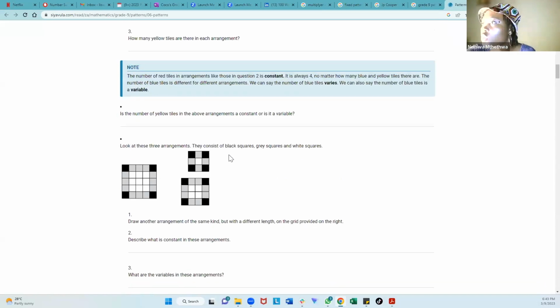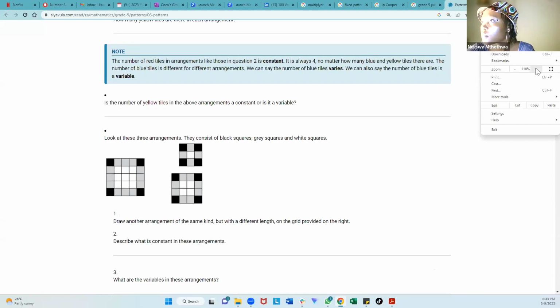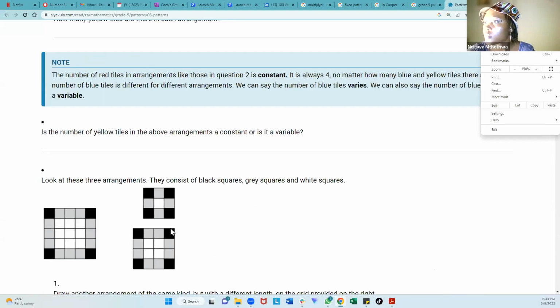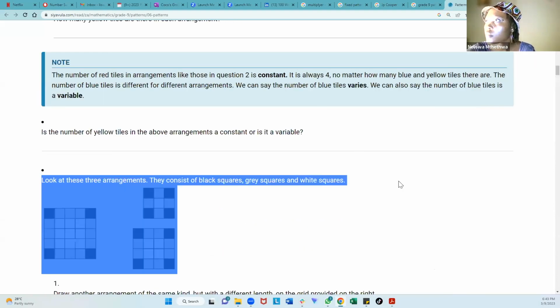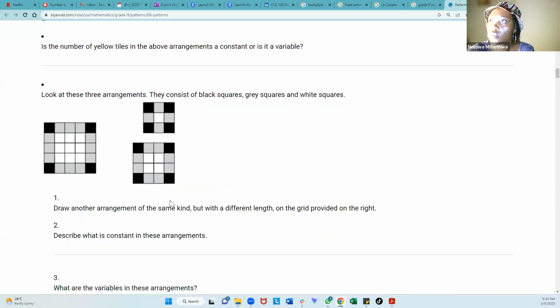Okay, I'm gonna try and zoom in. Can you see now? Ayabongo, can you see now?